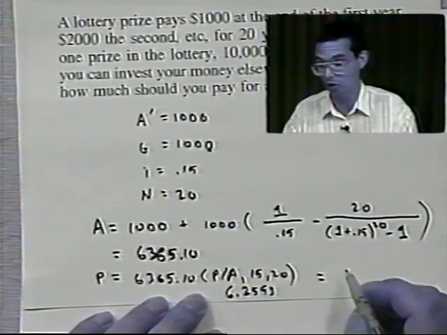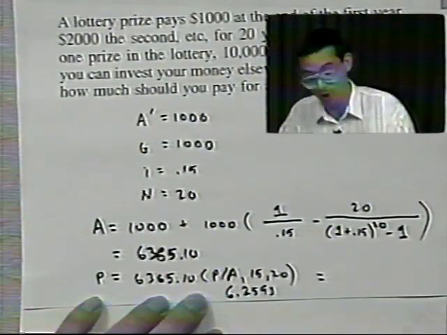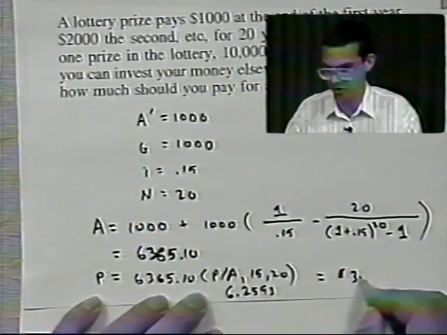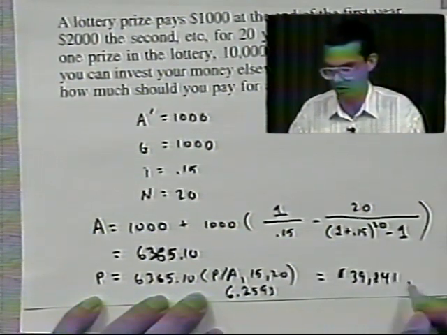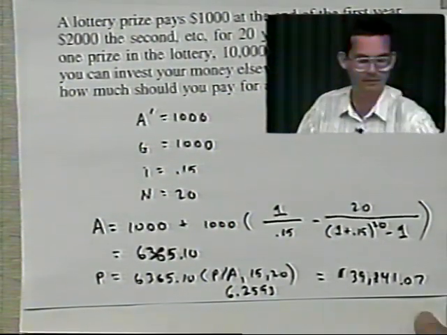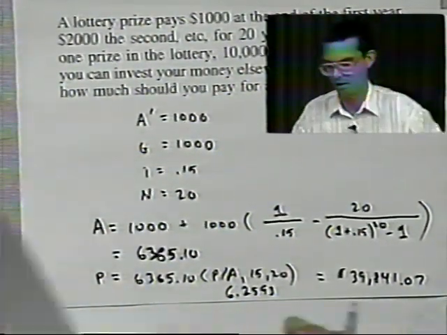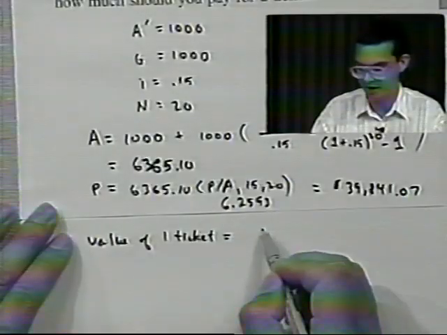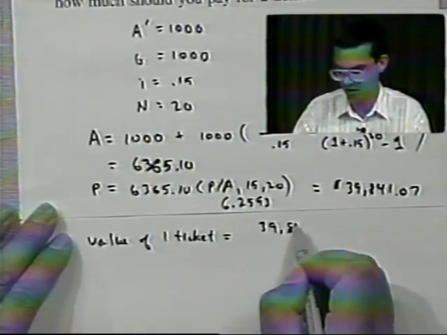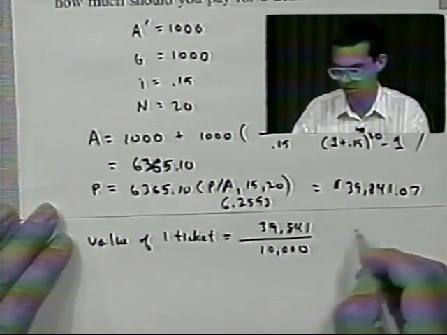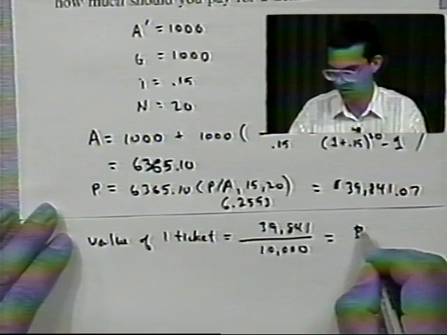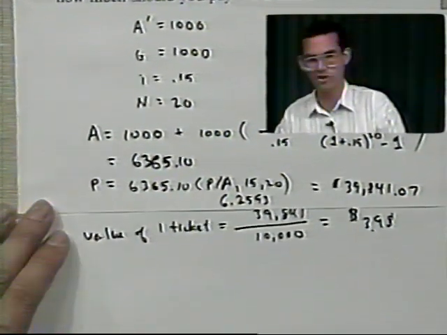And then our total value of the prize as a present worth is $39,841.07. And since we have 10,000 tickets to be sold, we divide that by the 10,000. $3.98.